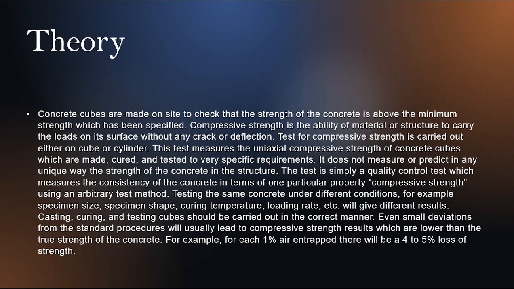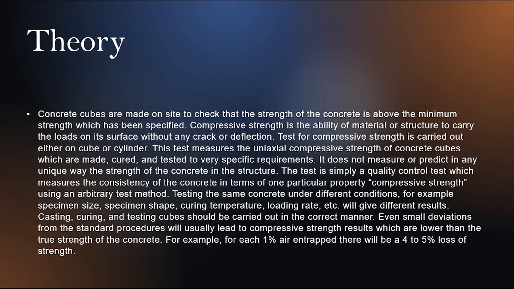So this is the theory of it: to measure the axial compressive strength of the concrete cubes, which are made, cured, and tested to a very specific requirement. Each building has its very own requirement, so you must know those requirements.